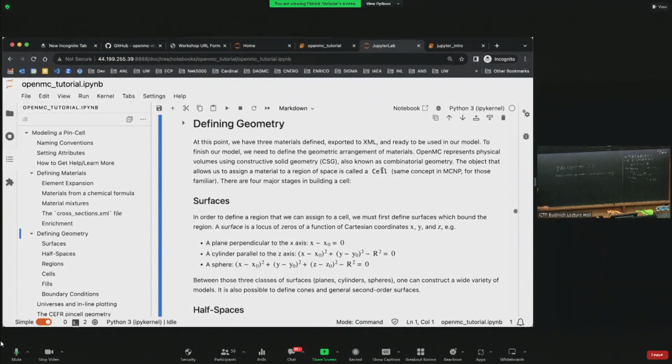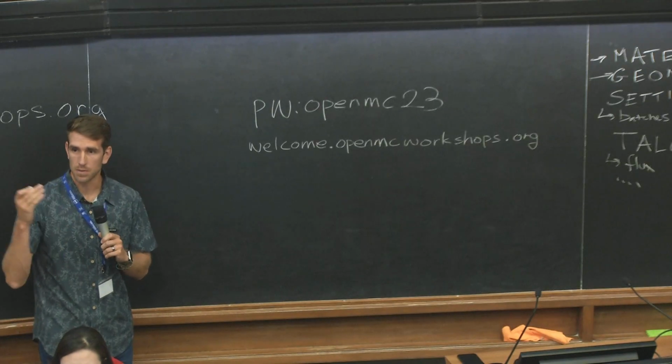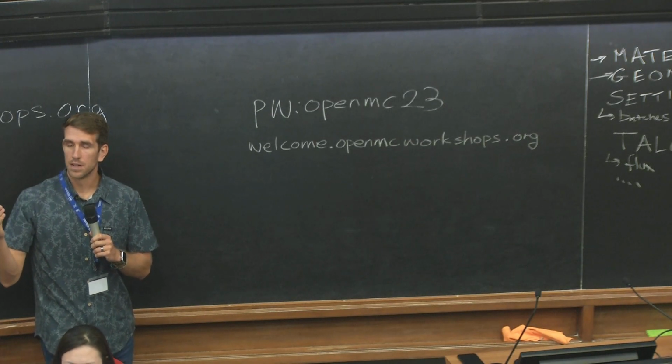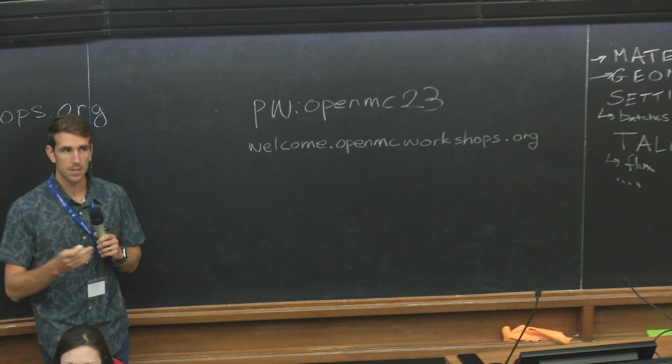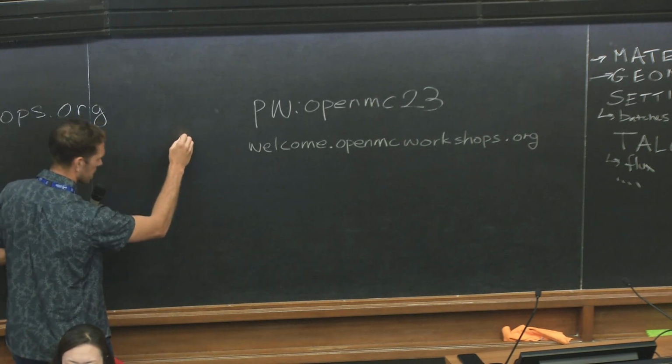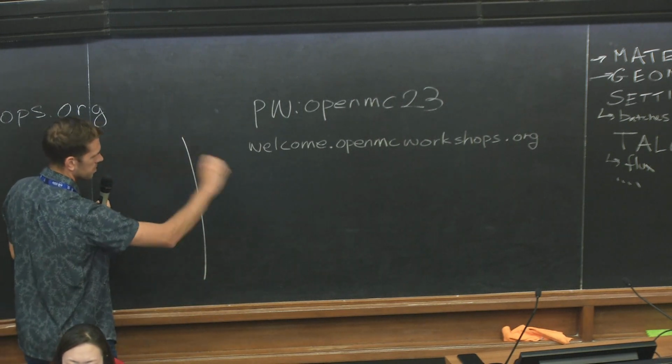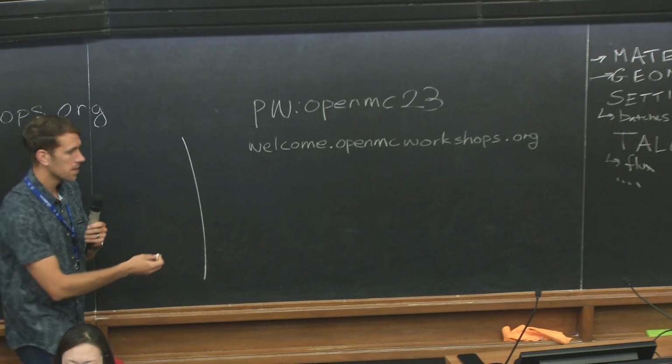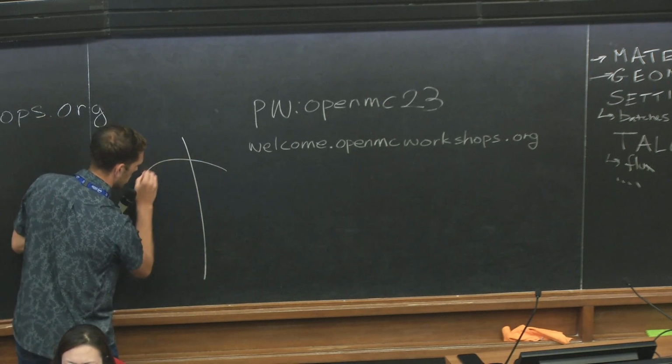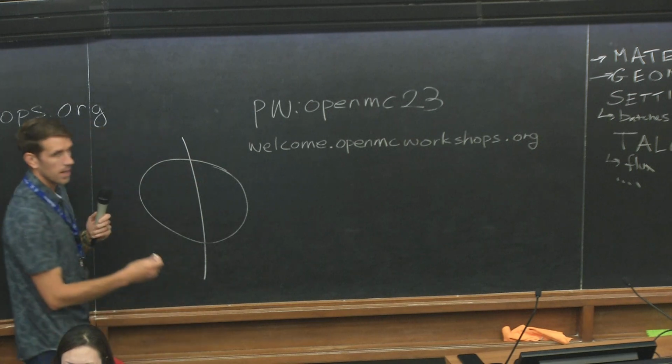I'm limited in the space I have to work with, but the way CSG generally works is we define a set of surfaces, and then we define 3D space or regions in our model using different sides of those surfaces. For example, if we had a plane that cuts through the center of our model, we could define a cylinder as well like this.